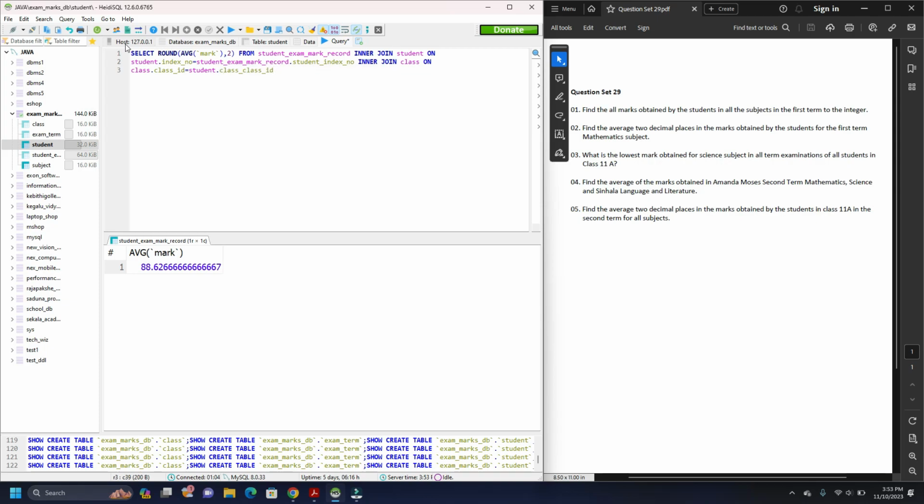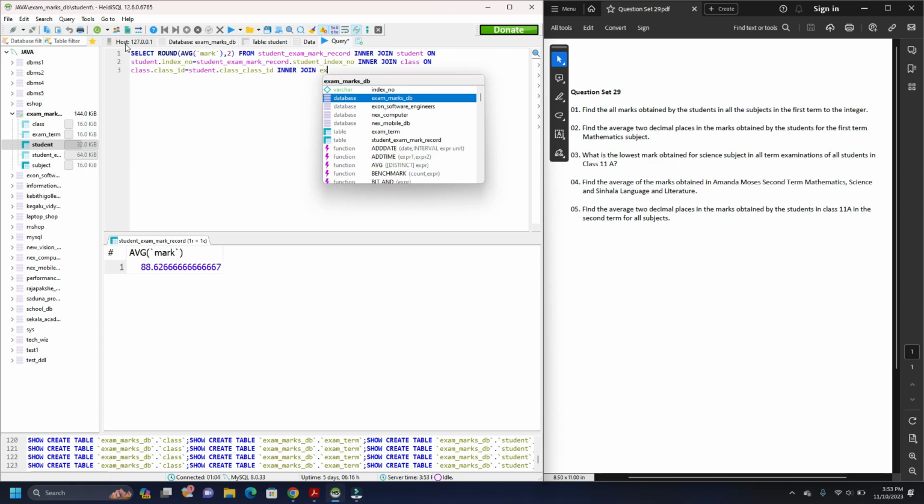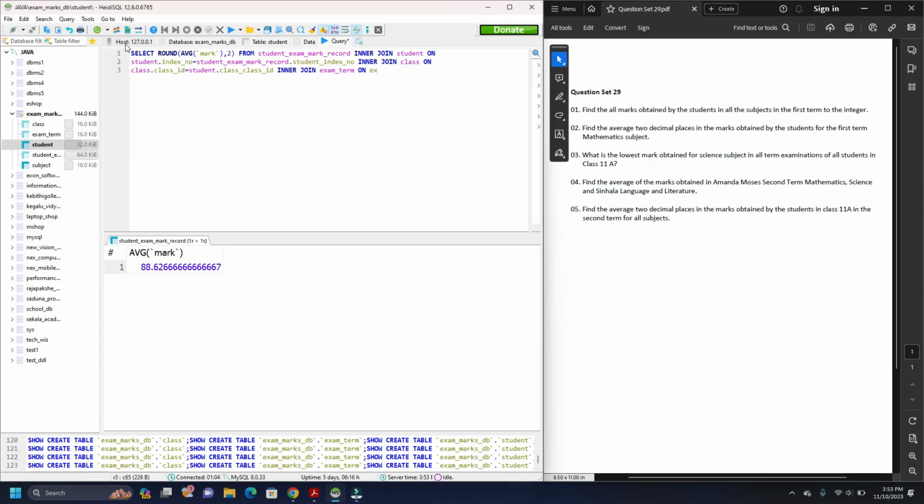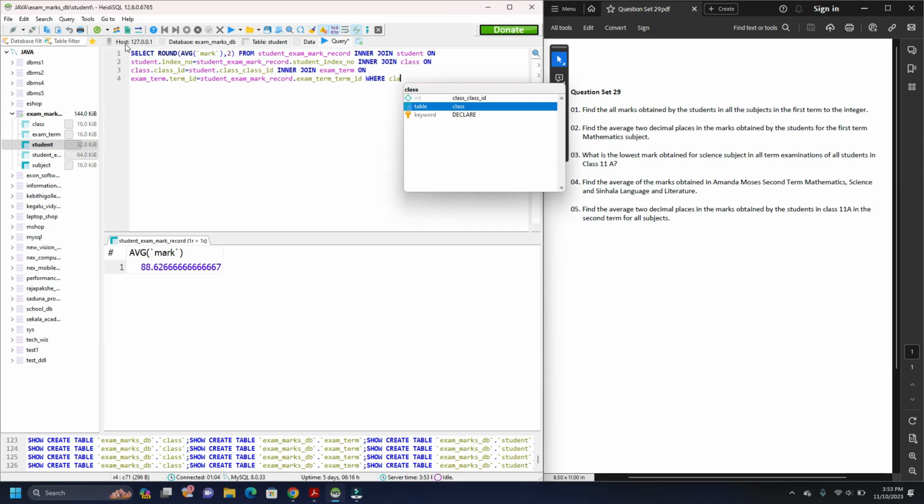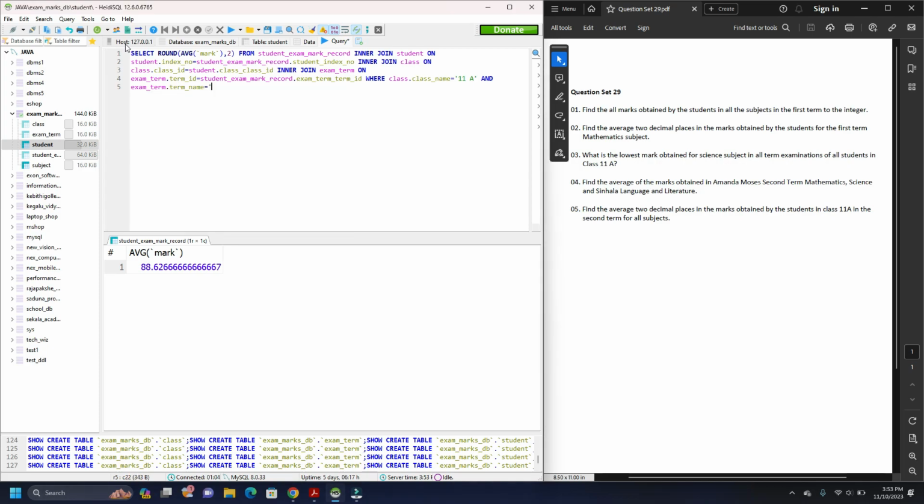and we have to inner join the exam term table as well on exam term dot term id equals student exam mark record dot exam term id, and then we write the condition where class dot class name equals to 11A and term name is second term.